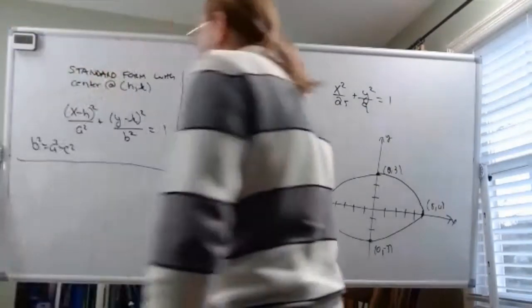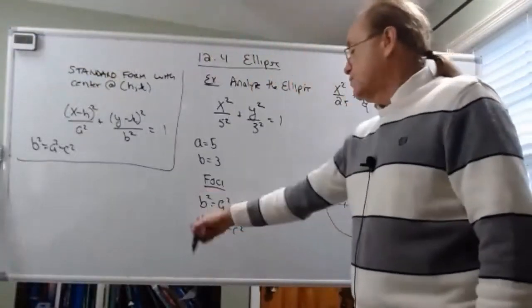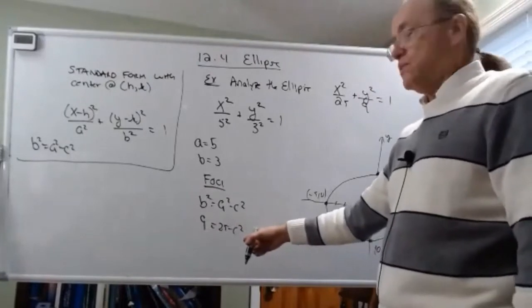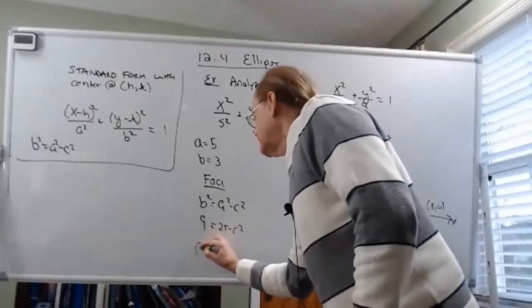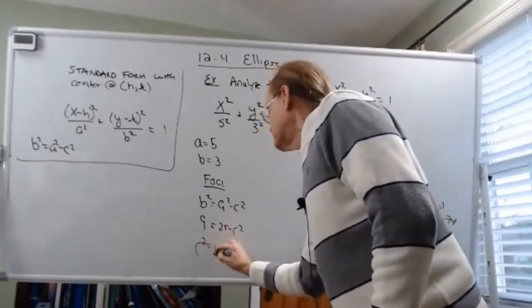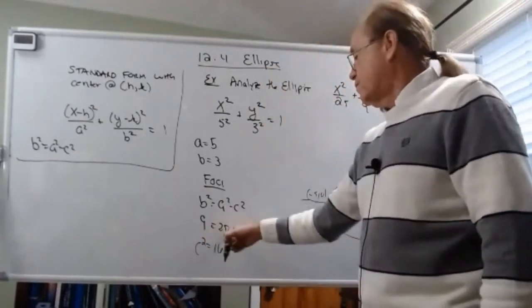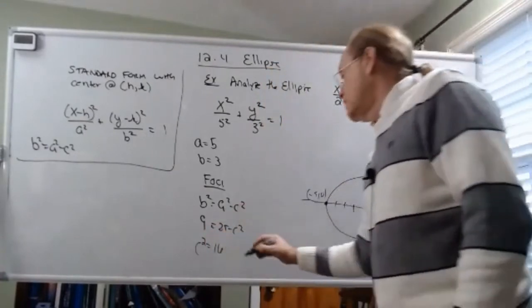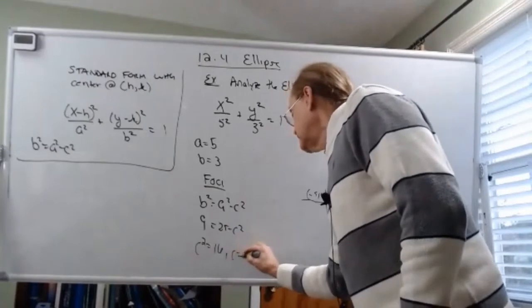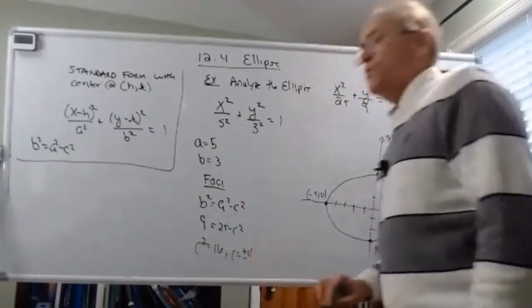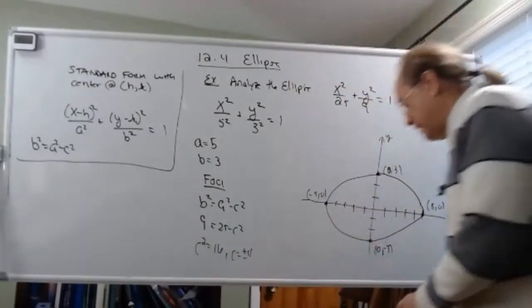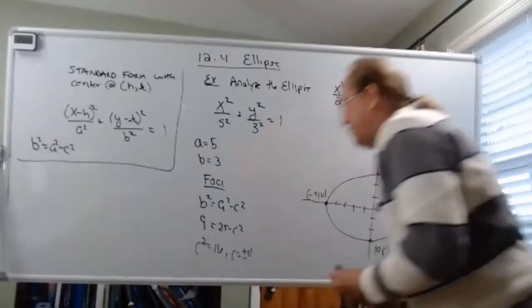Now what do I need to do? Solve that for c. So I'll add c squared to both sides, and then I will subtract off 9. So I get c squared is equal to 16, because 25 minus 9 is 16, or c is equal to plus or minus 4.